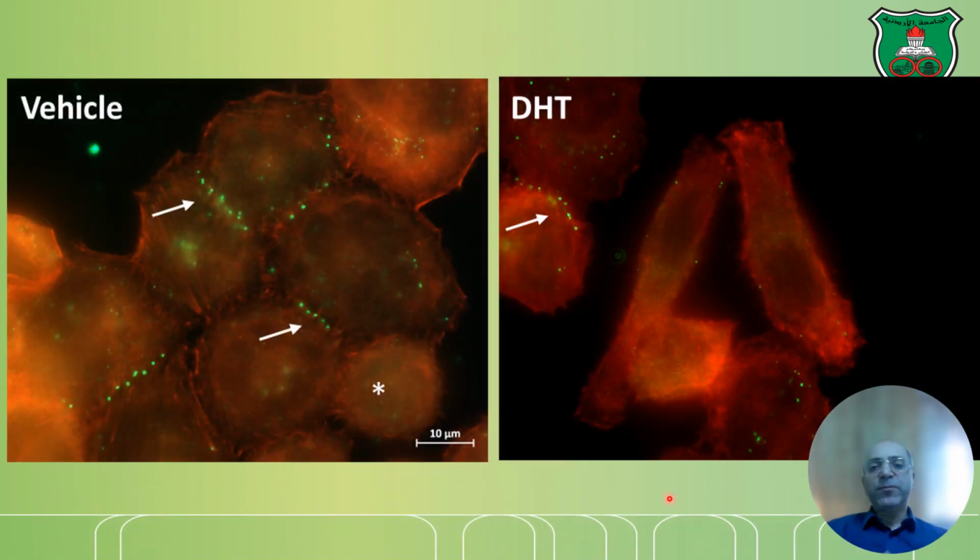I want to show you something real. These are images generated from my laboratory. What we did is that we stained a desmosomal cadherin protein known as desmocollin, and we also stained for actin. Actin is in red, and the desmocollin is in green.